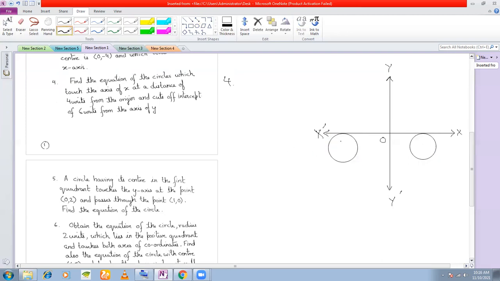In any case, the distance of this point at which it touches the x-axis will be 4 units. And cuts off intercepts of 6 units from the axis of y. Now here in this case, let me draw a bigger circle so that the circle intersects the axis of y also.